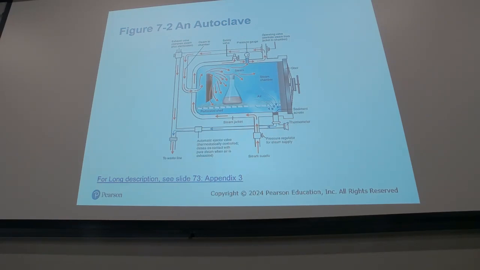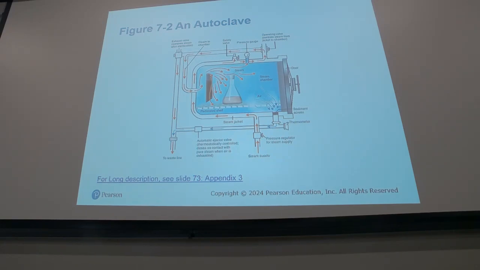Here is the internal view of an autoclave. So this is a chamber made out of walls of steel. Here you have your door that has a gasket that hermetically seals this opening. And then you have some ports through which you will introduce steam into the chamber, and that steam is going to go through a pressure gauge to tell you how much pressure you have.